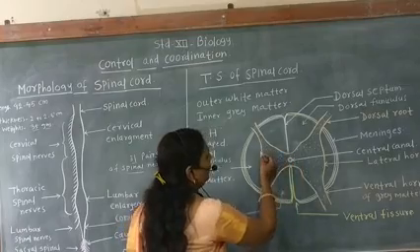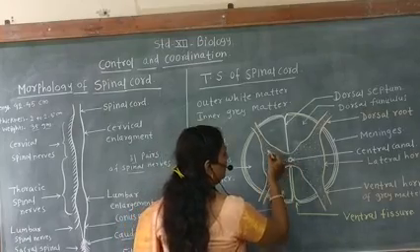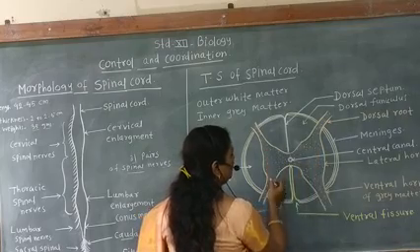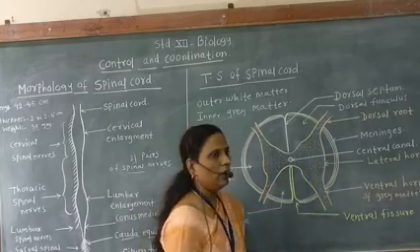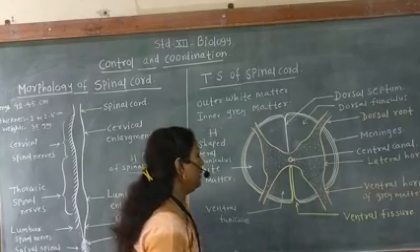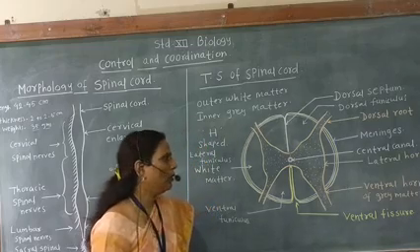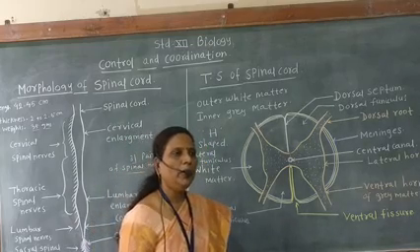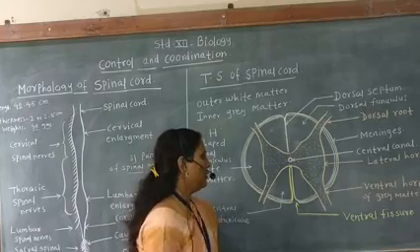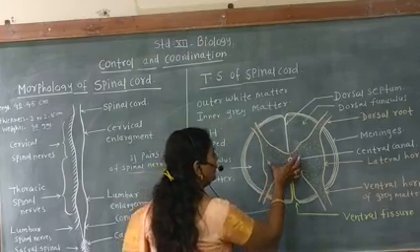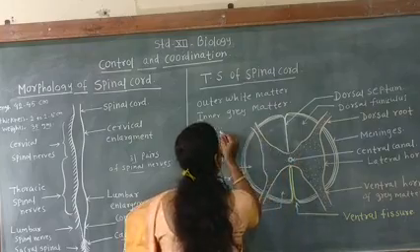Surrounding the central canal, there is grey matter. The grey matter mainly consists of cell bodies or cyton and non-medullated neurons. The grey matter forms an H-shaped structure.